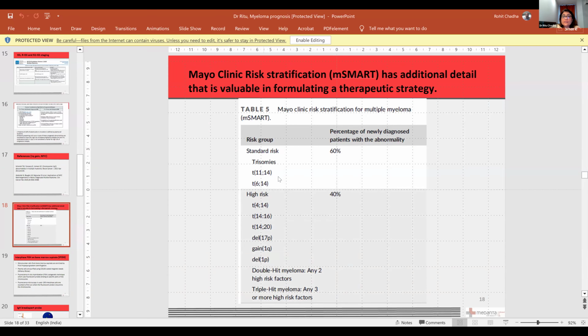Standard are the trisomies, which you find in 11, 14 and 6, 14 translocation, and the high risk are t(4;14), t(14;16), deletion 17p and gain of 1q. If you have two markers, it is called double hit myeloma. If there are three or more high-risk factors, it is a triple hit myeloma.